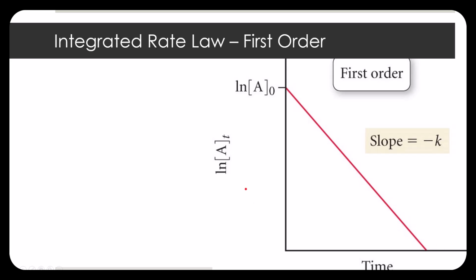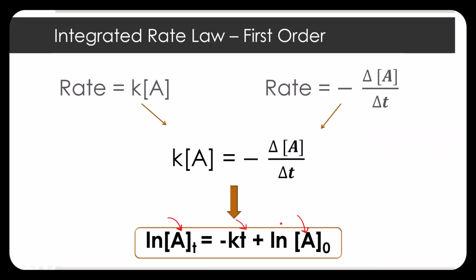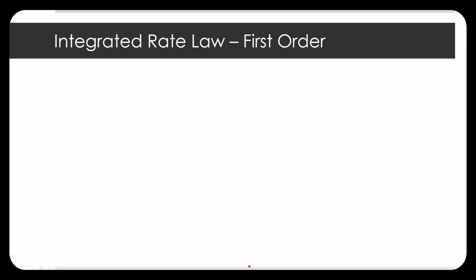On the other axis, we see the natural log of the concentration of A. So we're going to graph time against the natural log of the concentration of A. If it is a first order reaction and we plot these two against each other, we will see a straight line, right? That straight line has a slope value of negative k. And all of this information comes straight from this formula.